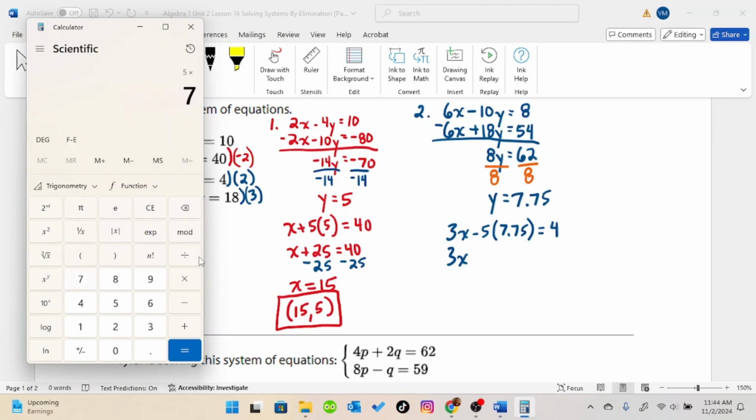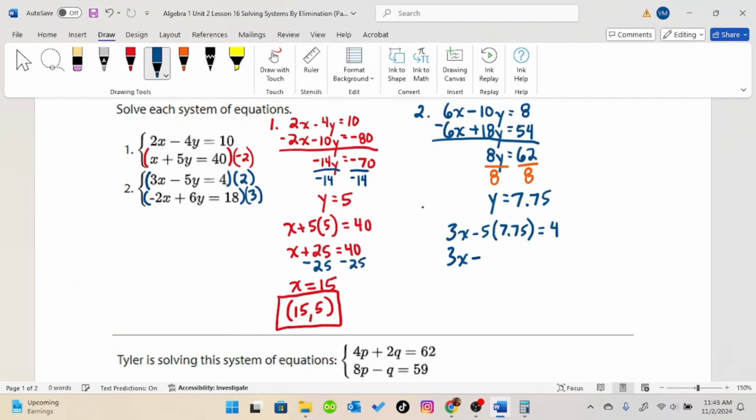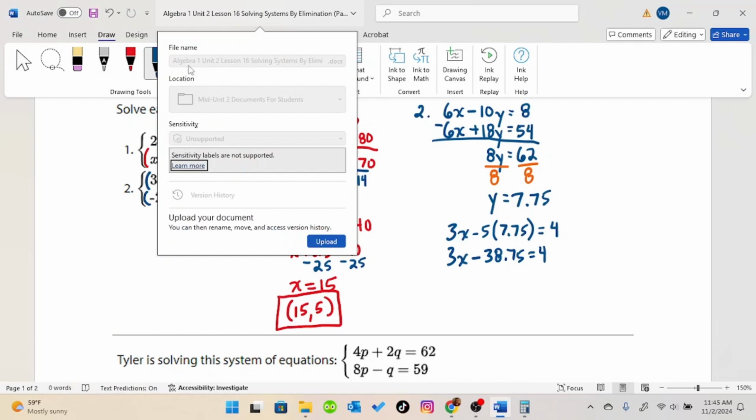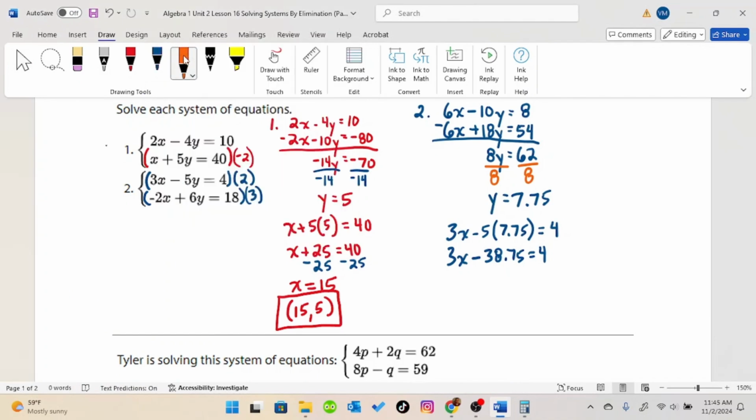Five times 7.75 equals 38.75. So that is minus 38.75. Now, the opposite of subtracting 38.75 is to add 38.75. So we're going to add that to both sides.